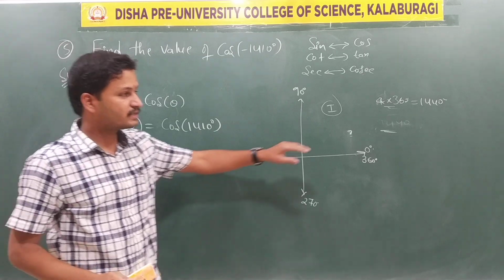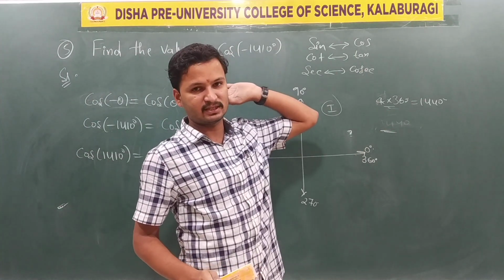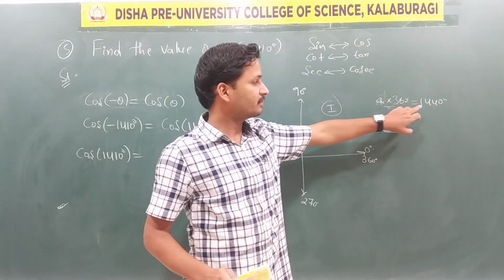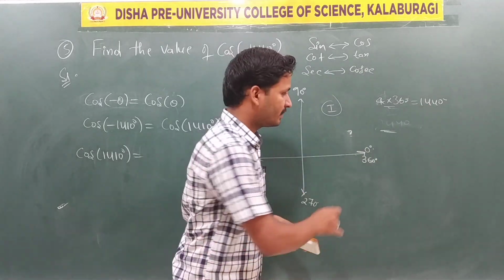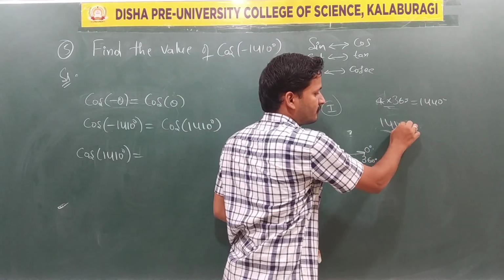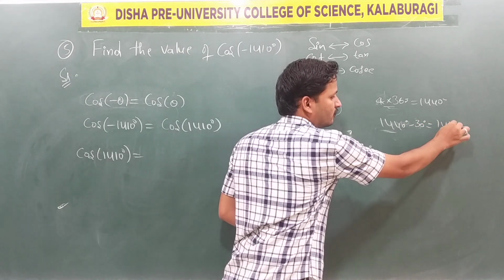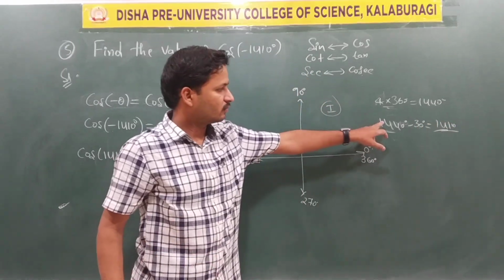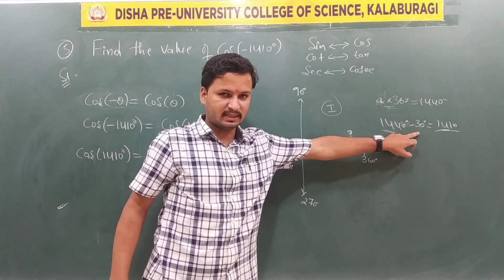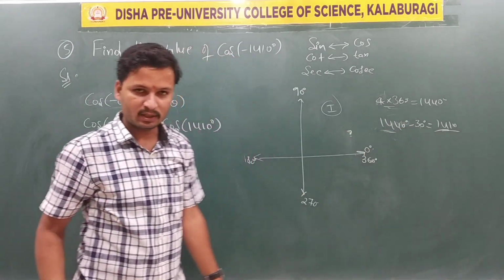That means we need to subtract to get 1410. That means 1440 minus 30 degree, so we get 1410. 1440 minus 30 degree is equal to 1410.